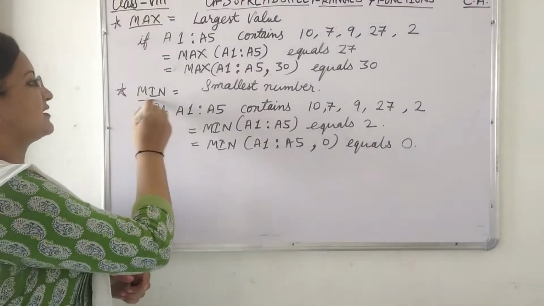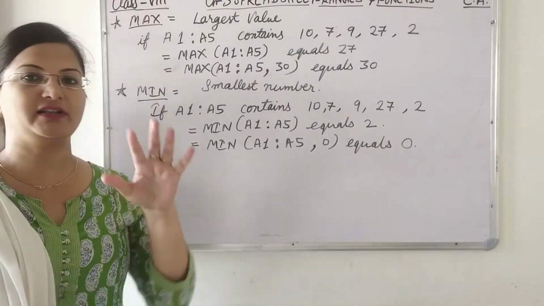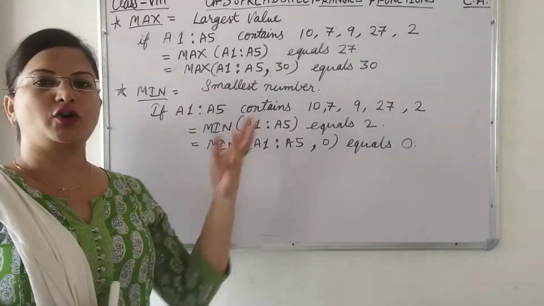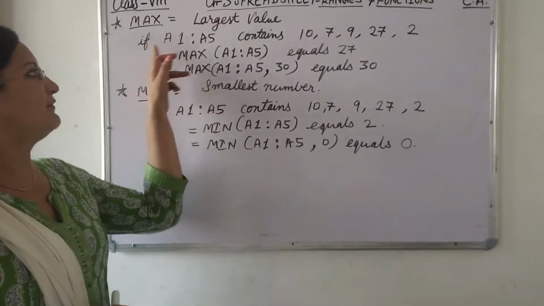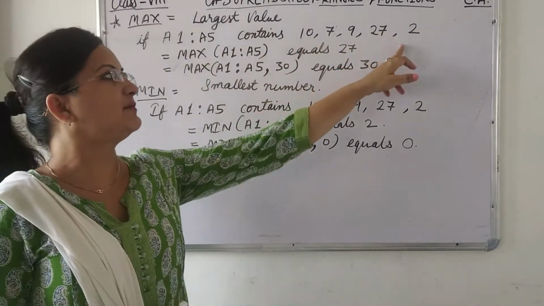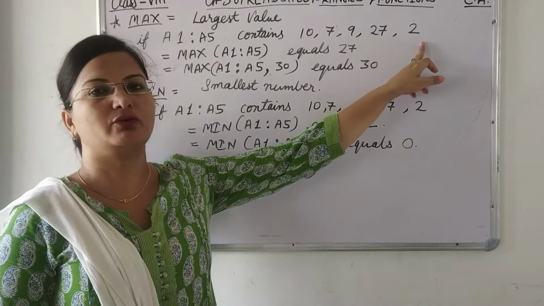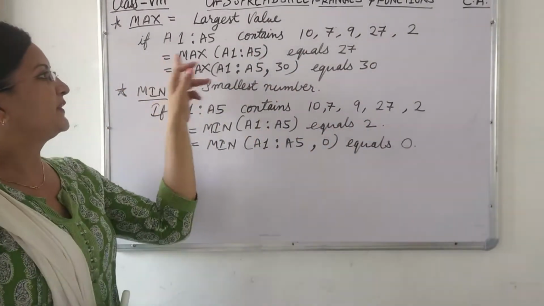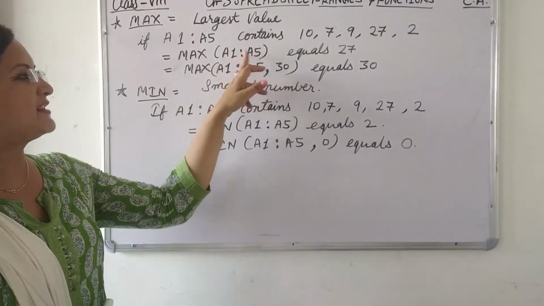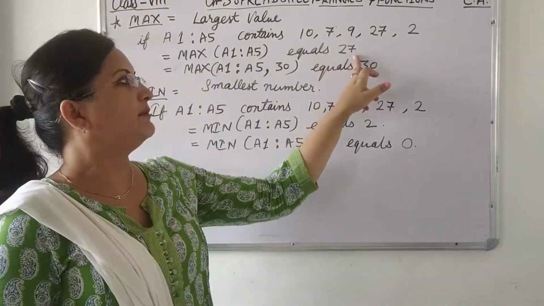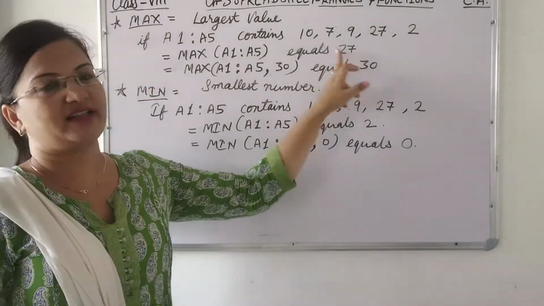As the name suggests, max means maximum, the largest number from the set of values or the range. So if A1 to A5, there are 5 numbers. In A1 there is 10, A2 7, A3 9, 27 and 2, and so on. If we are finding the maximum number, you can see which one is the largest, 27. So max A1 to A5 is 27.